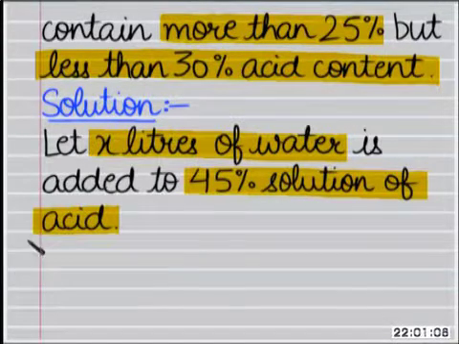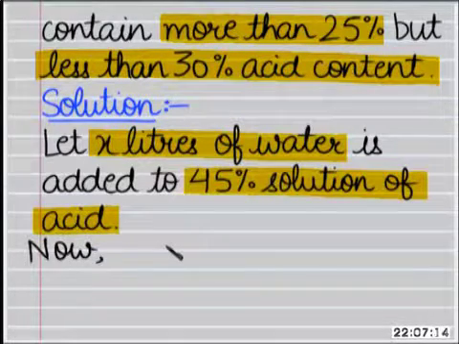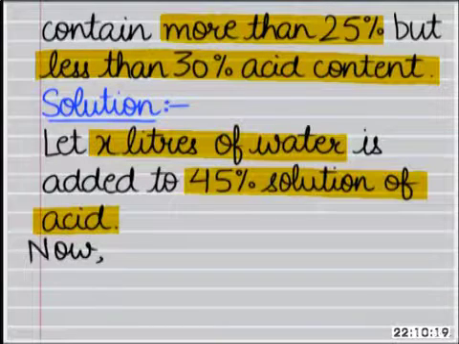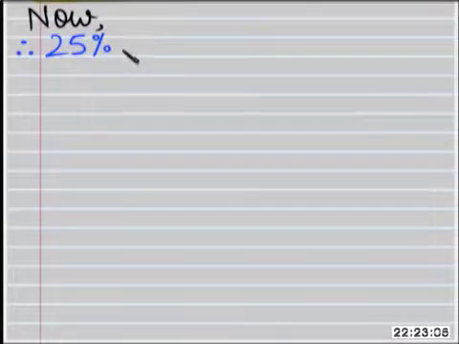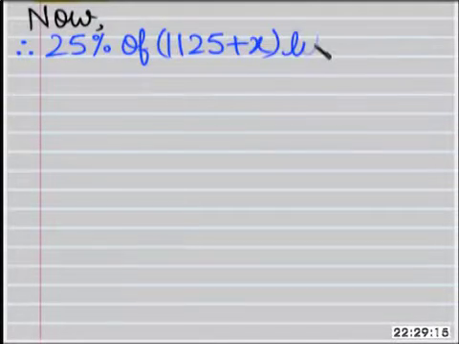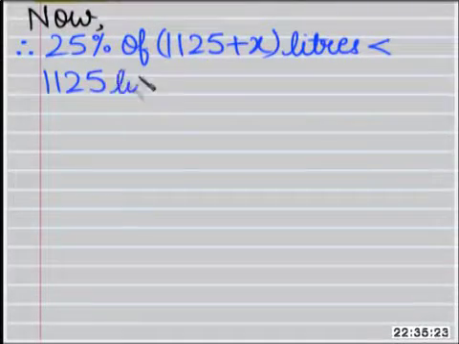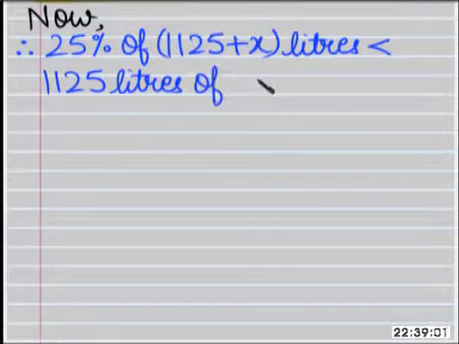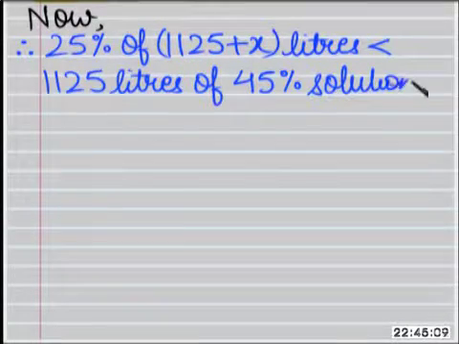Now, as it is given that the resulting mixture will contain more than 25% acid content, therefore 25% of 1125 plus x liters is less than 1125 liters of 45% solution of acid.